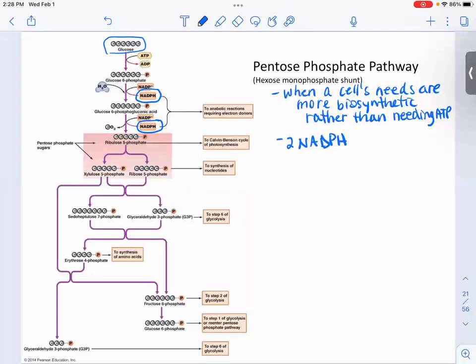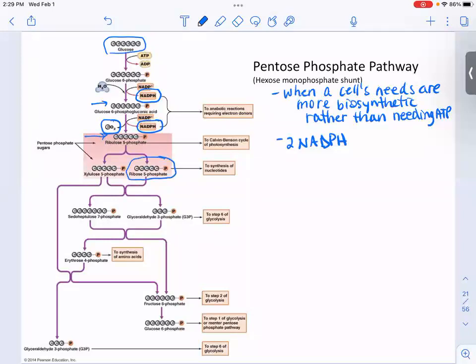So let's see. And then we have this 6-carbon compound here, 6-phosphogluconic acid. We lose a carbon. We call that a decarboxylation when we lose a carbon dioxide. So now we have a 5-carbon compound, which is complicated. It will either go one way or the other, not down both of these paths. But say we get ribose 5-phosphate.